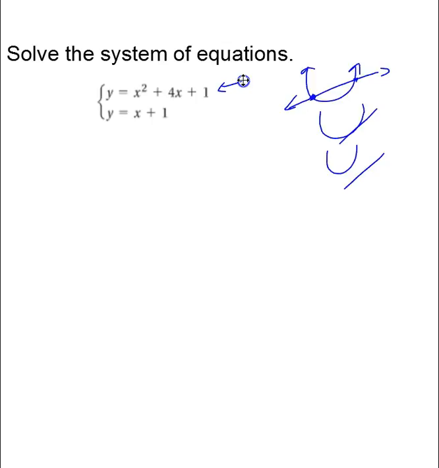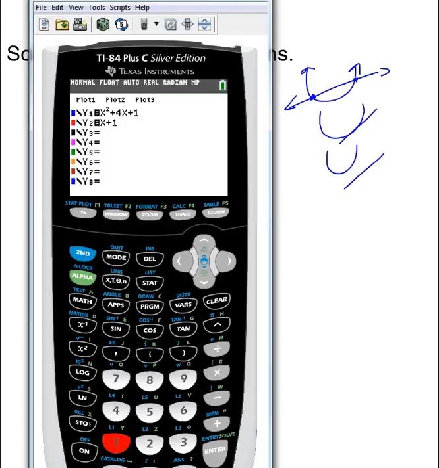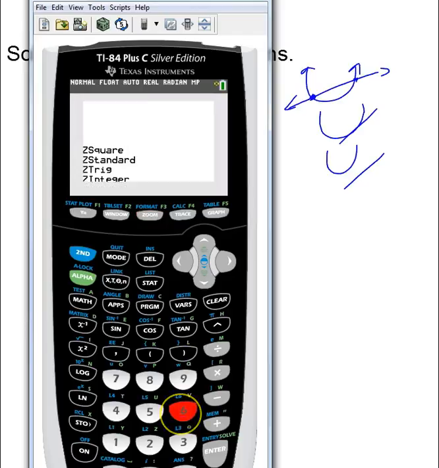To do this, I'm going to use my graphing calculator. So I take out my graphing calculator. I type both equations, the first equation into y1, the second equation into y2, and then I take a look at this graph. I hit zoom 6 because this is a standard algebra problem. There's the first equation, that's my parabola. Here comes my line.